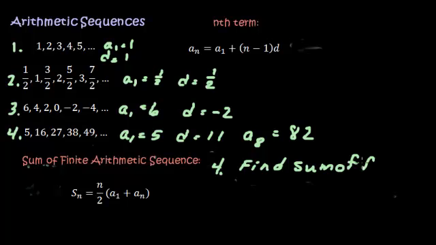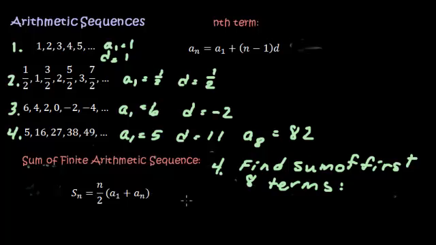What you will need is your n, which is going to be 8, our a1, which we've already found is 5, and our a sub n, which is our a sub 8 that we found using d, which is 82.